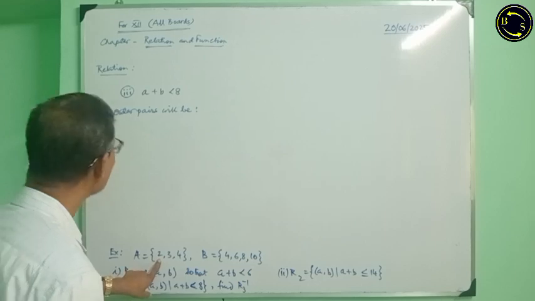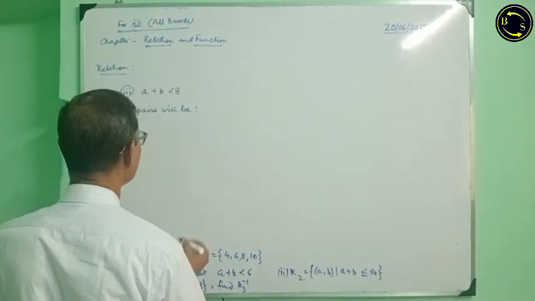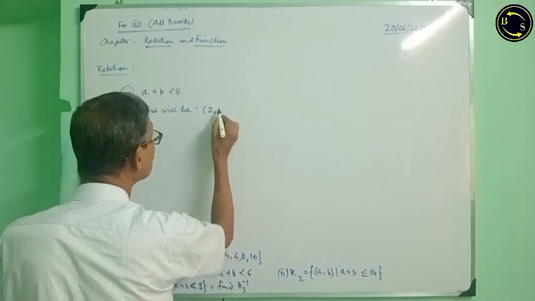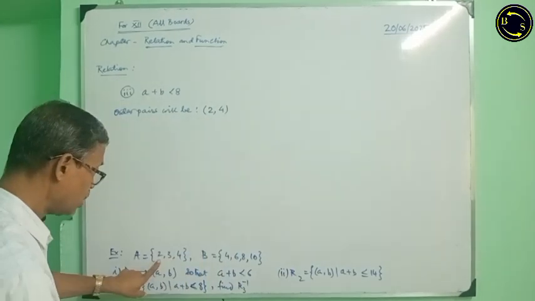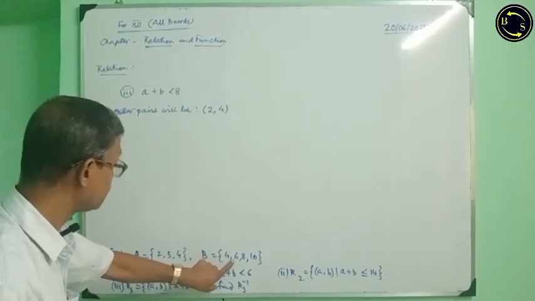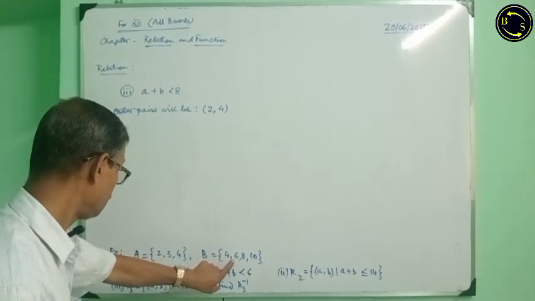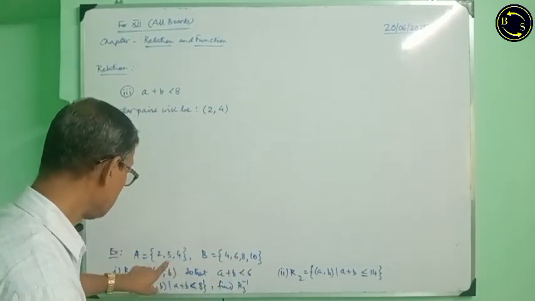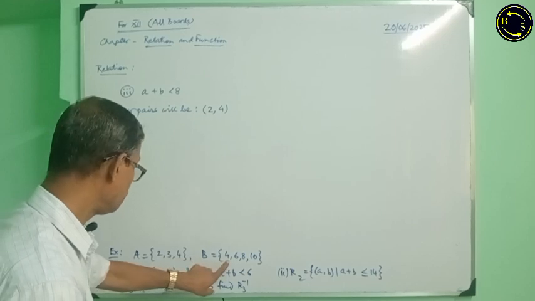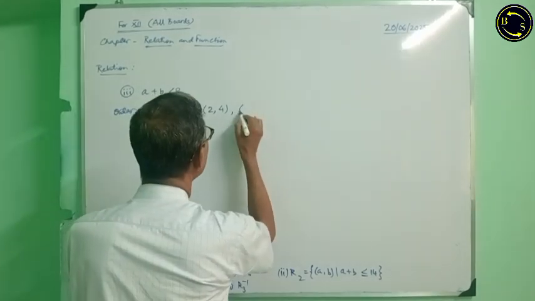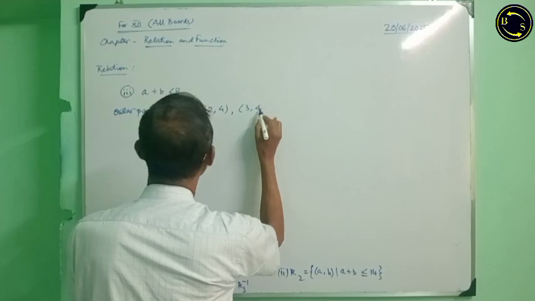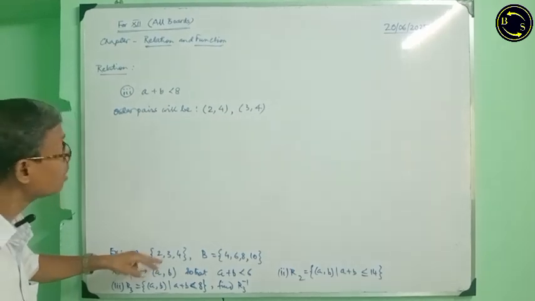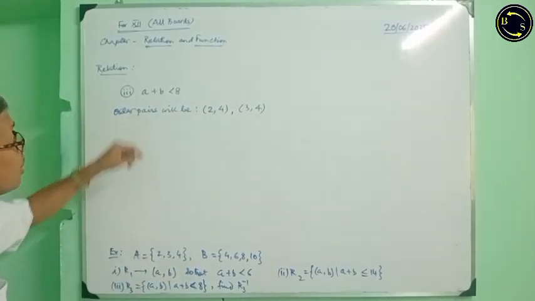First I take this list value of A: 2, 4, 6, then 2, 6, result will be 8. After that 3, 4, 7. No ordered pairs except these will satisfy this one.